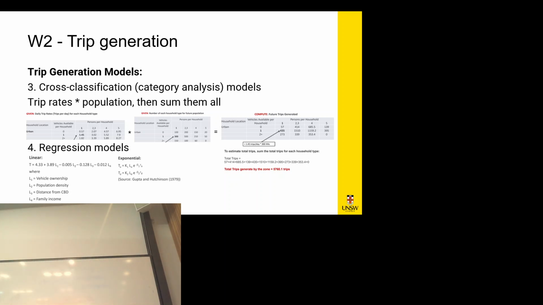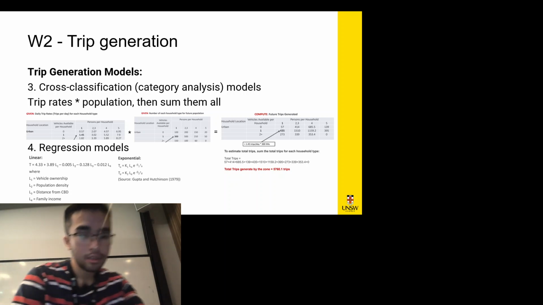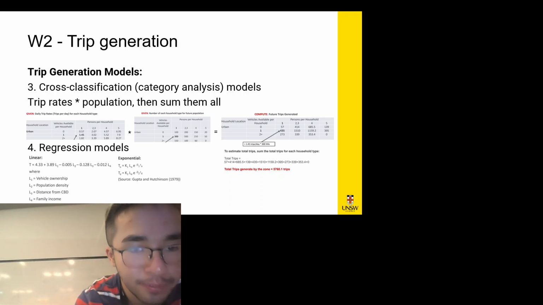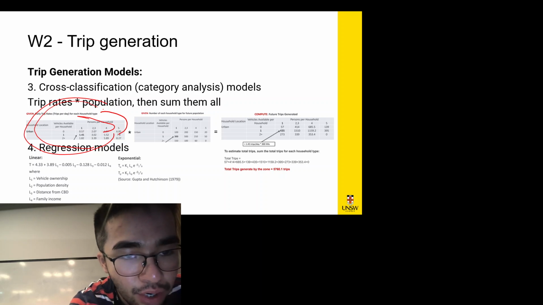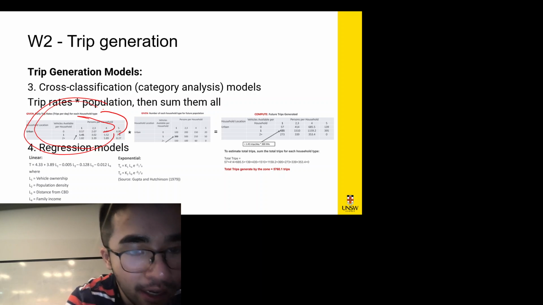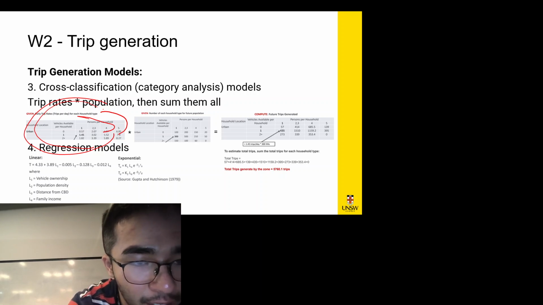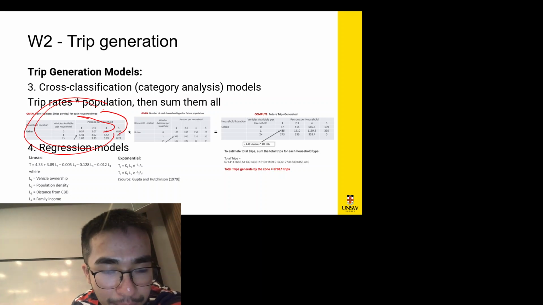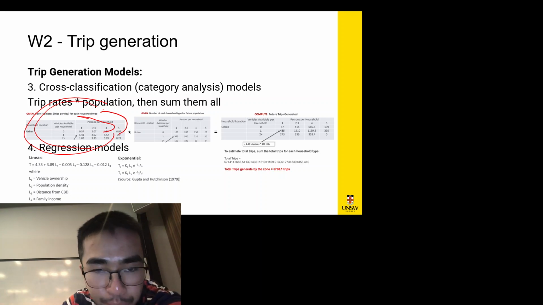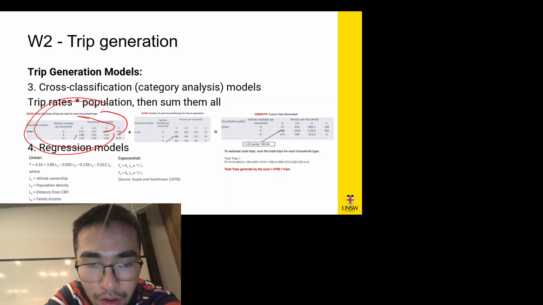But if you have a look at the left-hand side, right? Daily trip rates, trips per day for each household size. So they're giving you data, right? Why is it not? Oh, yes, here. They've given you data, right? So daily trip rates, trips per day for each household type. So for example, if I look here, you have 4 vehicles available per household, so you have 0, right? But you have 1 person per household. That's per trip, that's 0.57, right?